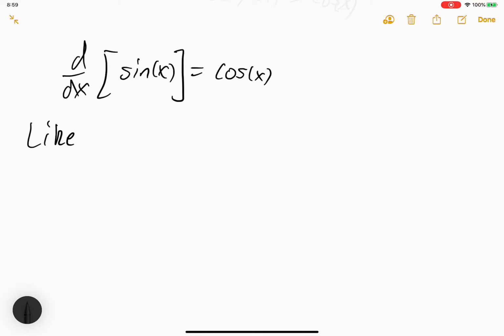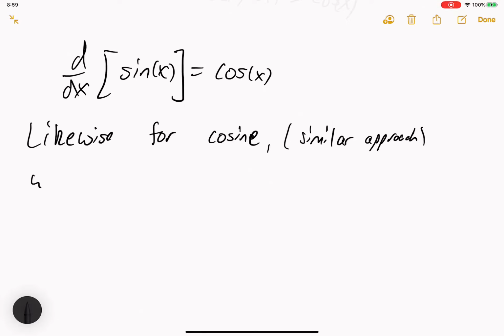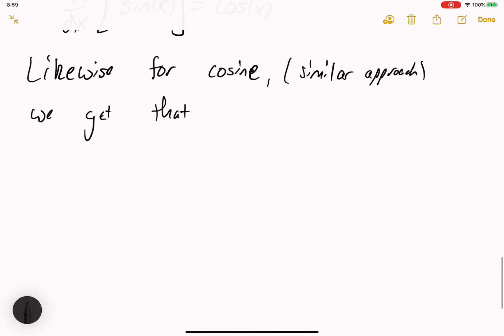And likewise, we can do the same thing for cosine of x. It's going to be a similar approach. We get that d/dx of cosine of x is equal to negative sine of x.